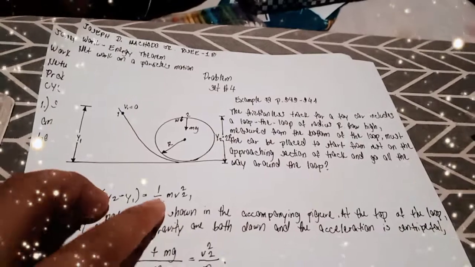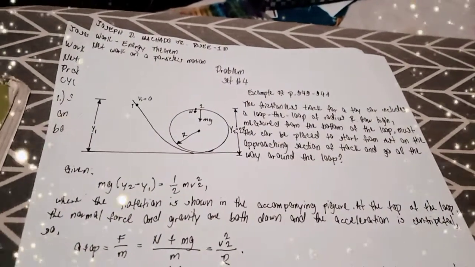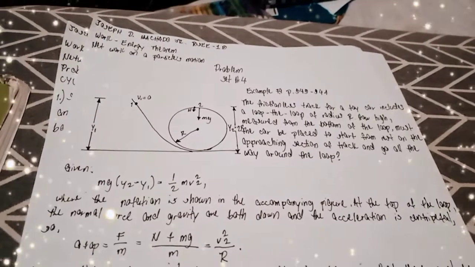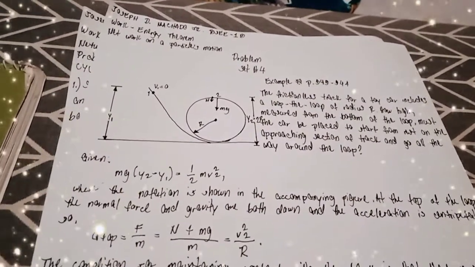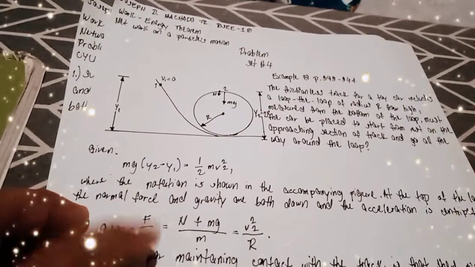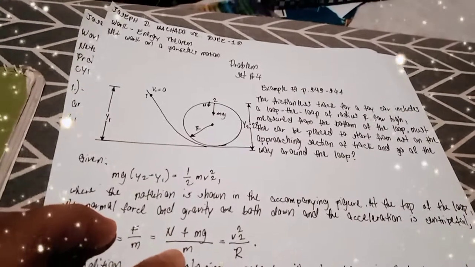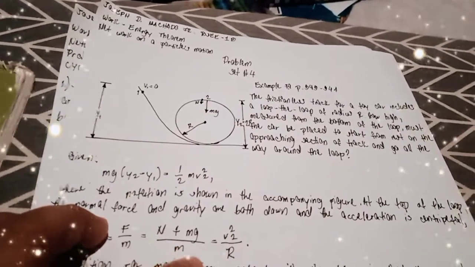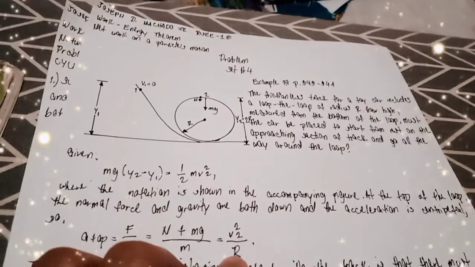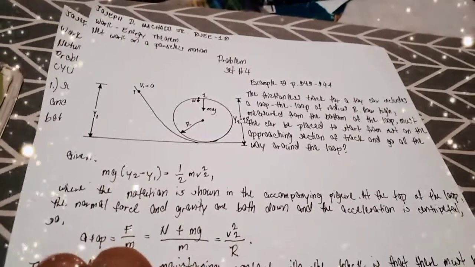At the top of the loop, the normal force and gravity are both down and the acceleration is centripetal. So a top is equal to force over m, which is equal to n plus mg over m, equal to v square sub 2 over r.